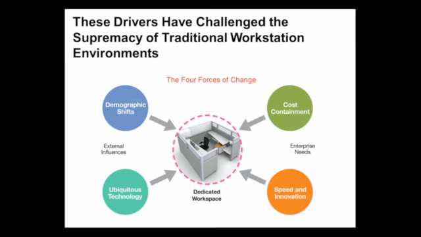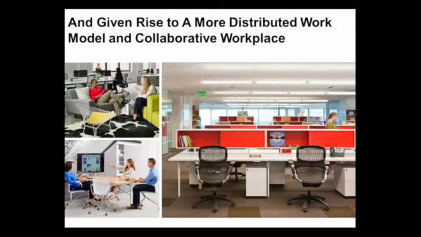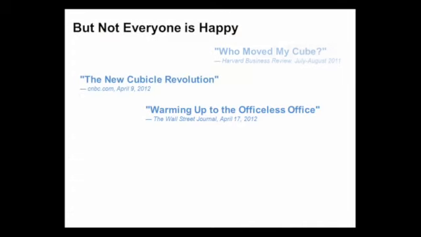And now the whole question of whether there should even be an individual place in a workplace is something companies are fundamentally relooking at. We're seeing what we call distributed work and a much more collaborative environment where work is taking place a lot less often at your individual desk and a lot more at these interstitial spaces and collaborative areas, and a fundamental rebalancing of how much space is dedicated to the individual and how much is dedicated to the group.